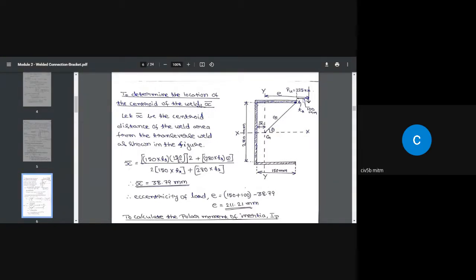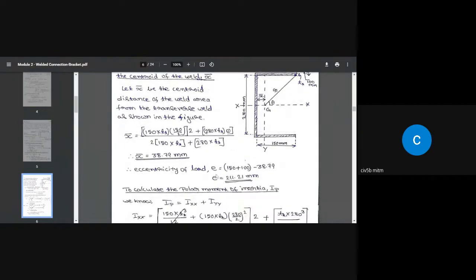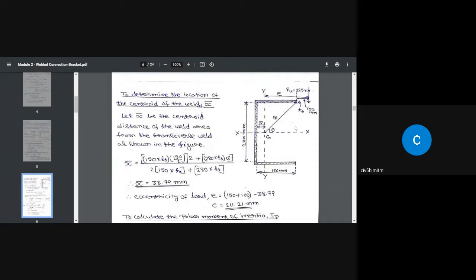That is 150 multiplied by the thickness of the throat multiplied by 2, because we have two such welds, plus 280 multiplied by tt. So we have the value of x bar equal to 38.79 millimeter. That means the centroid is located at a distance of 38.79 millimeter from this vertical line.